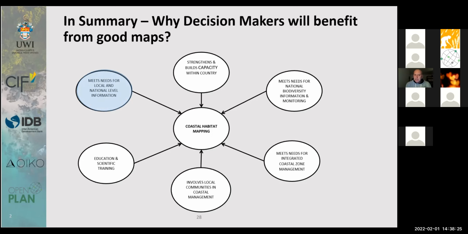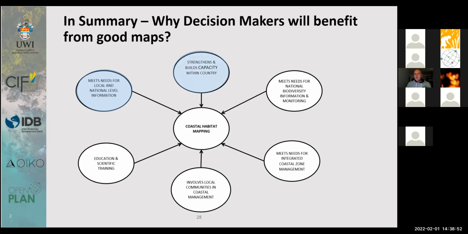Firstly, it meets the needs often of local and national level information. And so the mapping process is going to be important not only to support national policy, but there may be international commitments to record against SDG 14, for example, to measure performance of your country against international standards.